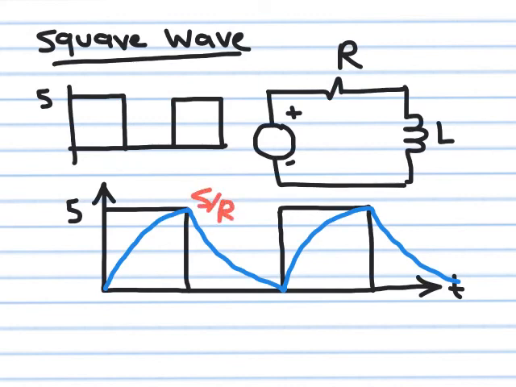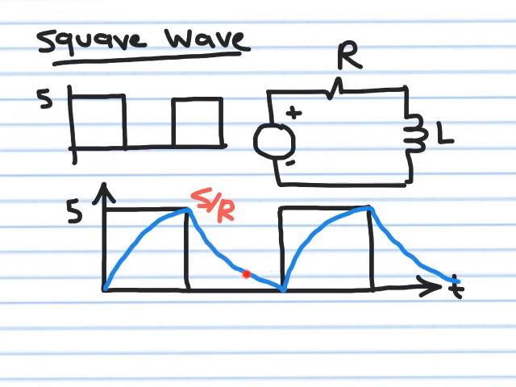Okay, what's gonna happen next? Well, if the excitation drops to 0, the current is still flowing this way, but the source is shorted now because it's 0. The inductor will start to supply energy, and the current in the inductor will start to weaken gradually and slowly. So you have the inductor discharging gradually and slowly from 5 over r.